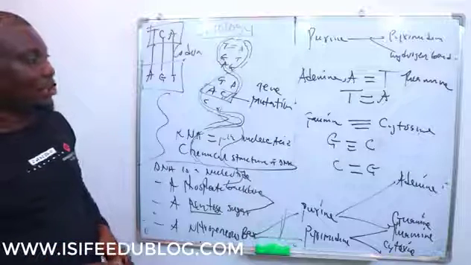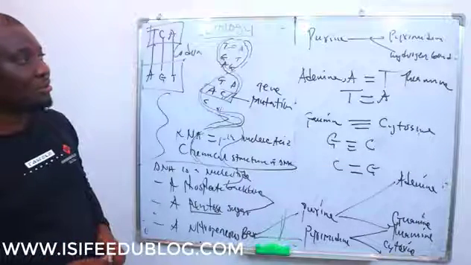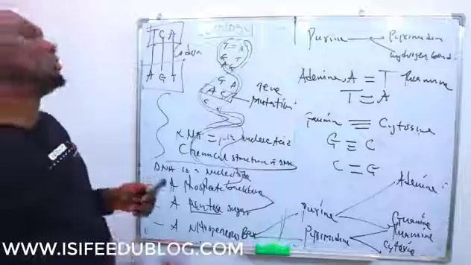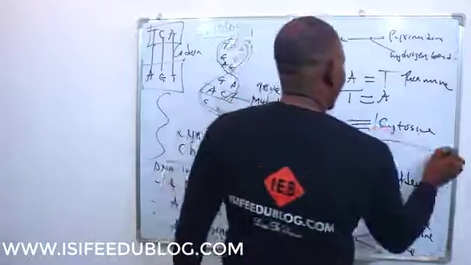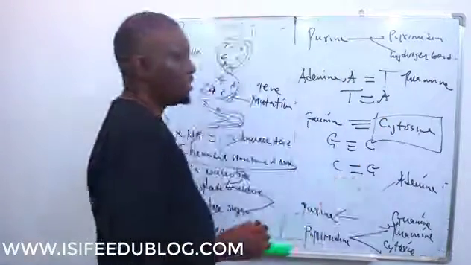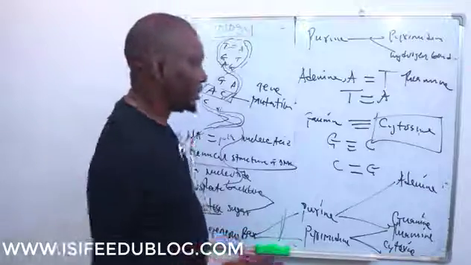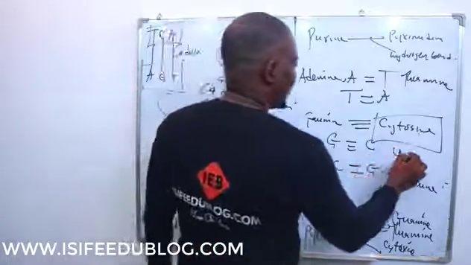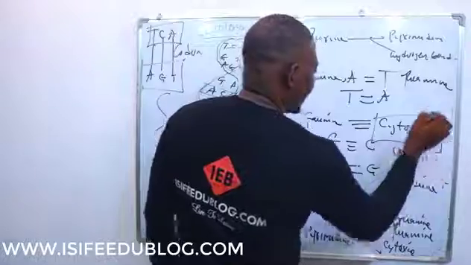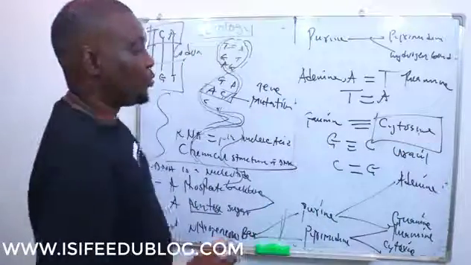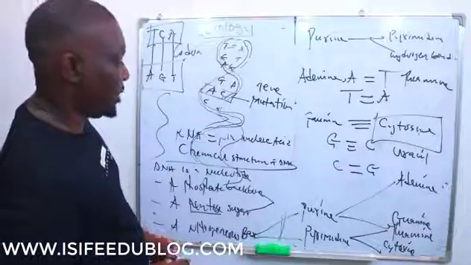Only that one of the pyrimidine bases is substituted by another base. So in RNA, uracil replaces thymine. So the difference is the uracil. What it simply means is that any other base remains the same.